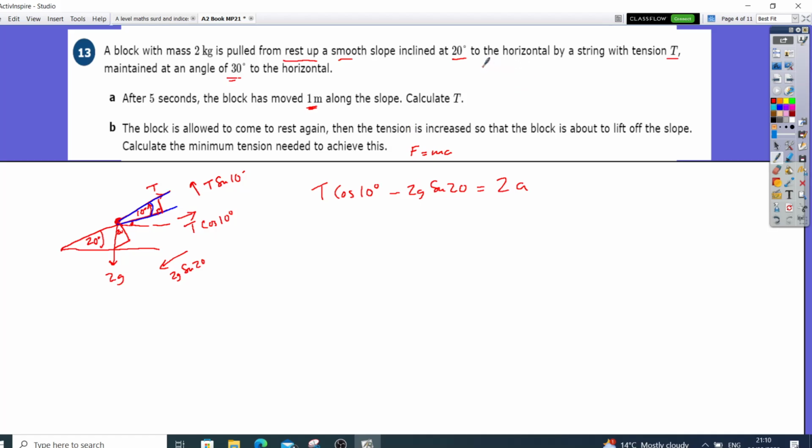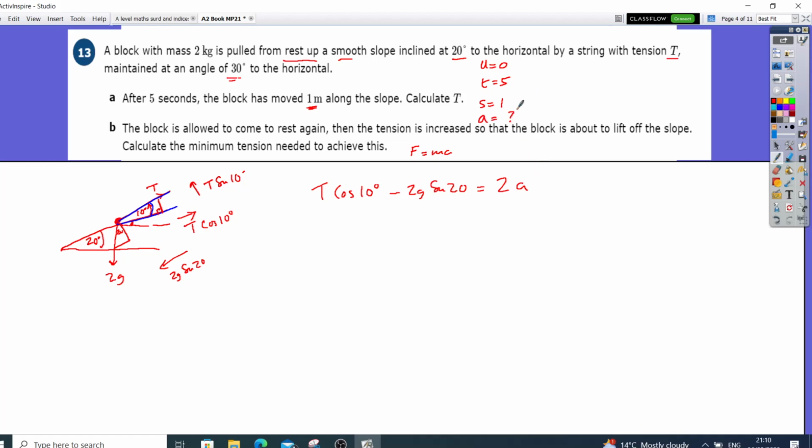We've been told that the initial velocity was 0, so it's at rest. We've also been told after 5 seconds, so t is 5, and it's moved, so displacement is 1, and we need to find a.